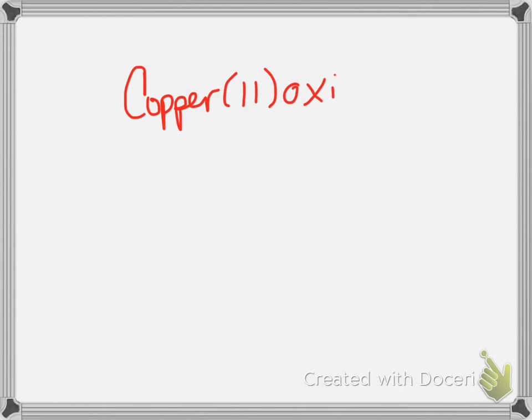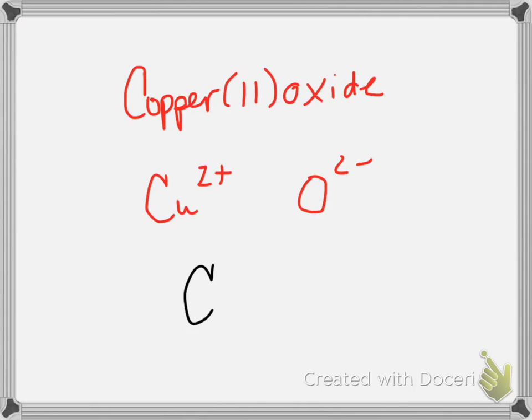Copper 2 oxide. What's the charge on copper 2? Hold up fingers. Yeah, ridiculous, I know. Cu 2 plus. What's the charge on oxide ions? 2 minus. We do our little crisscross, Cu, room for a subscript, O, room for a subscript.